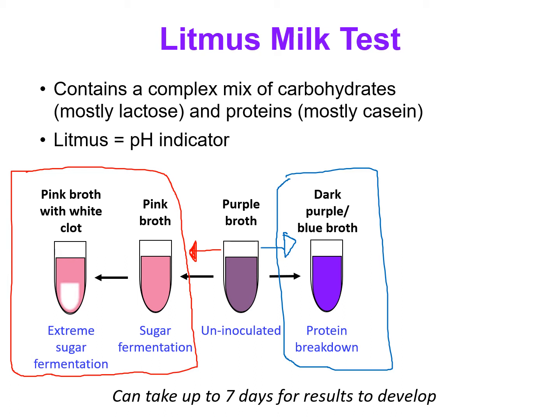So what could be another pathway that you could see with some bacteria? Well, some bacteria out there cannot ferment sugar, but what they can do is break down and metabolize the proteins. Now, where's that protein coming from? Remember, milk has both the sugar and the protein.